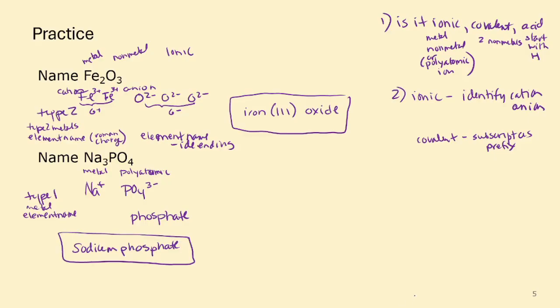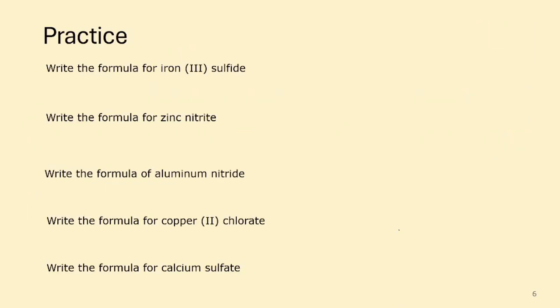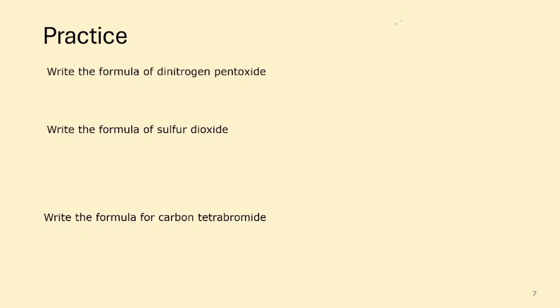All right, we'll continue on with the next ones. This is a bunch of writing formula. Again, first I want to identify, is it ionic or covalent? If it's ionic, I want to find cation and anion, and then use a method to find subscripts that get me a neutral charge.